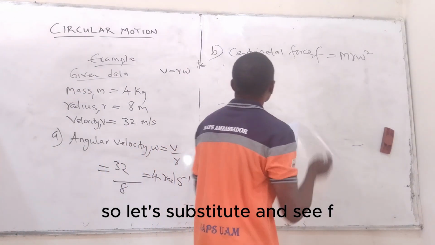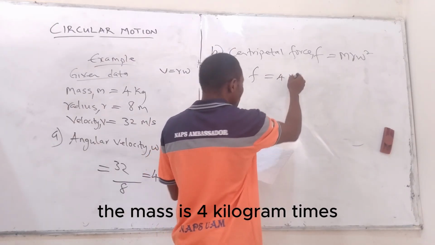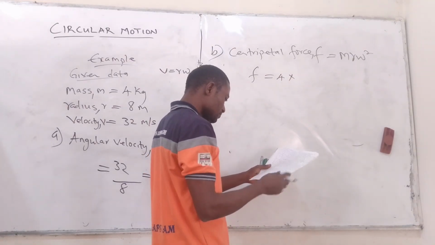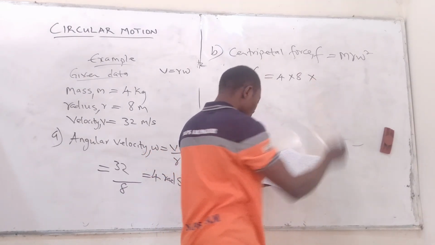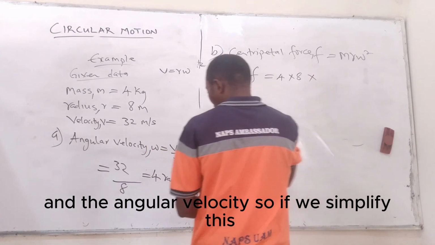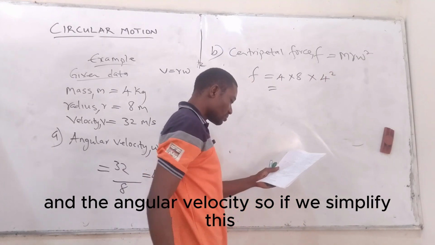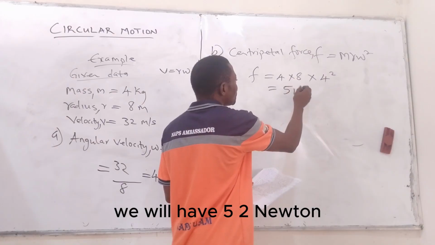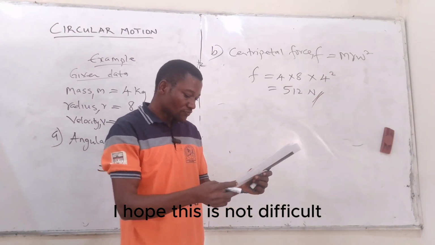So let's substitute. F: the mass is 4 kilograms times the distance 8 and the angular velocity squared. If we simplify this, we will have 5 Newton. I hope this is not difficult.